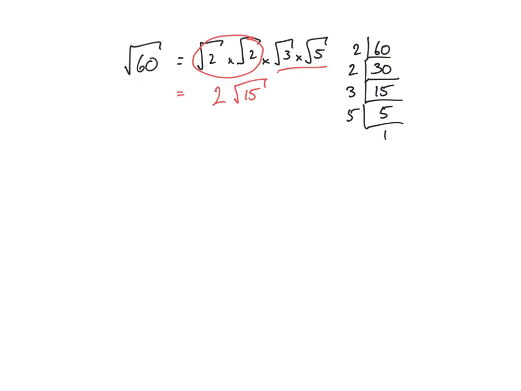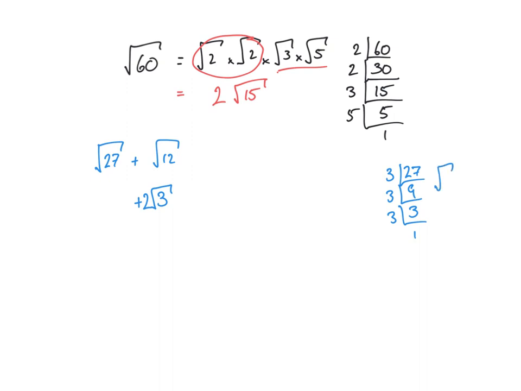Now how that then helps is we can use that for something like this, root 27 plus root 12. Now we've already seen that root 12 is 2 root 3. And if we take 27 to one side, you'll see that, well, 2 doesn't go in, but 3 goes in 9 times. 3 goes into 9 3 times, and 3 goes into 3 once.